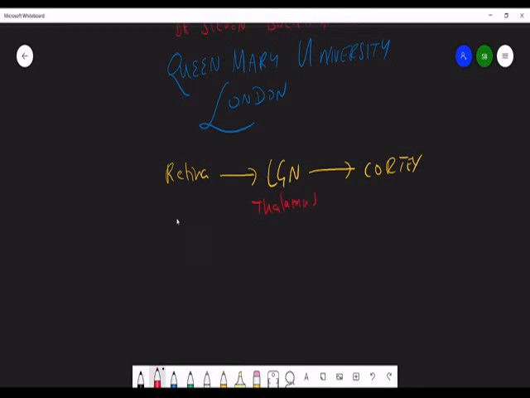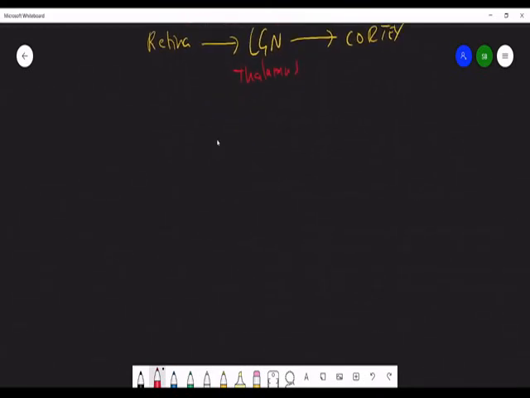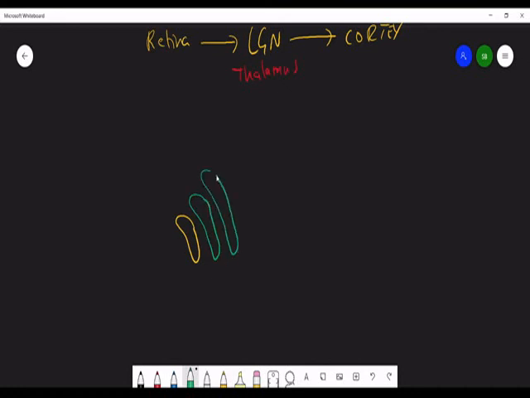When you look at the lateral geniculate nucleus, it actually has 6 layers. And they're in a certain order. Layer 1, Layer 2, Layer 3, you'll see why I'm drawing them these different colours in a moment.